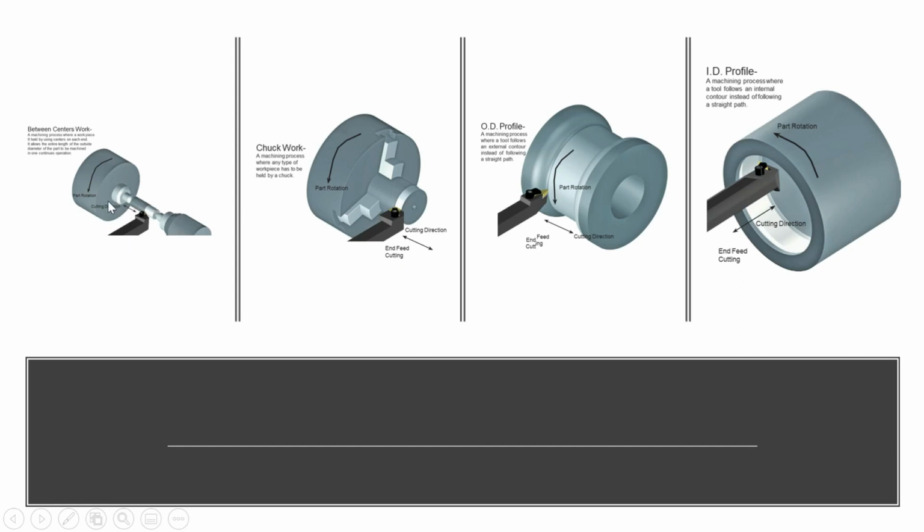Okay, this is a live center, this is a dead center, and this is a chuck, which is conventionally most of the time used in CNCs. So depending upon the operation, different kinds of inserts and tool holders are used.